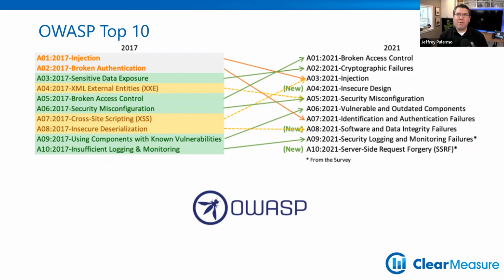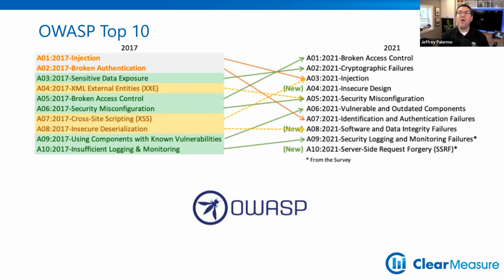And not only did they publish the top 10 security vulnerabilities that are successfully exploited, but they also published the differences. And so we see that injection, not just SQL injection, but injecting code, was number 1 in 2017. It's still on the top 10 list, but it lost 2 spaces. Broken access control went from number 5 to number 1 from 2017 to 2021.